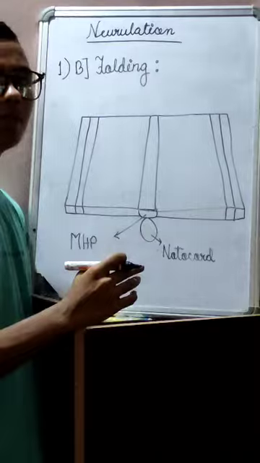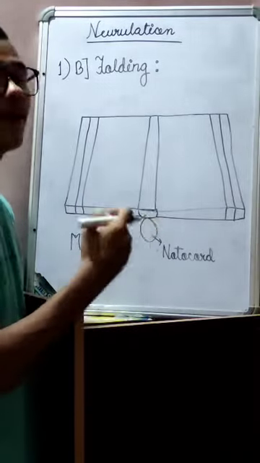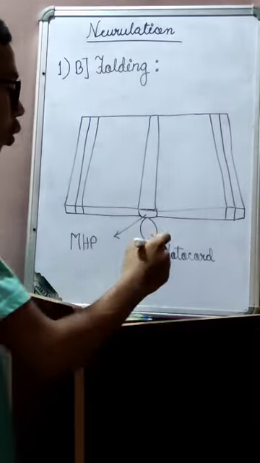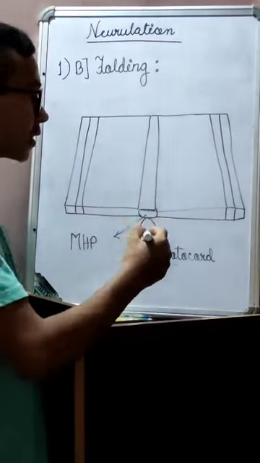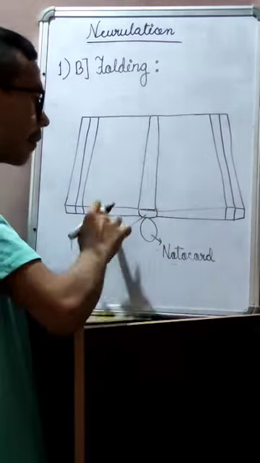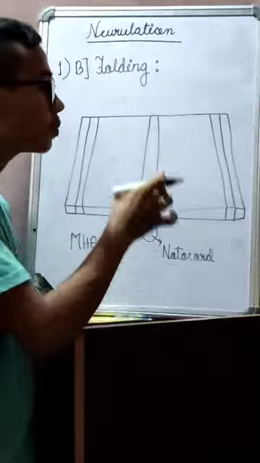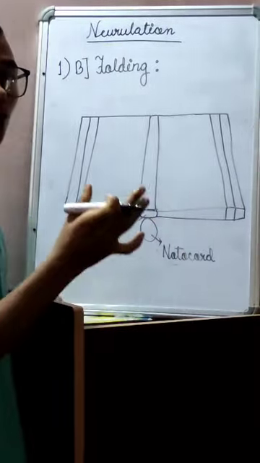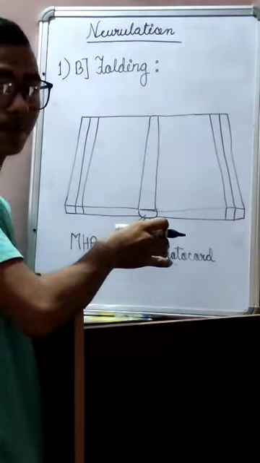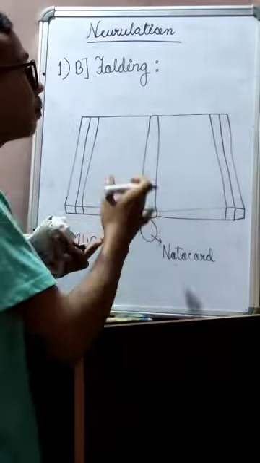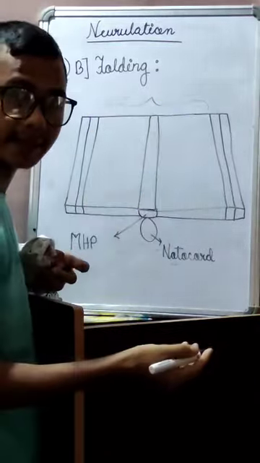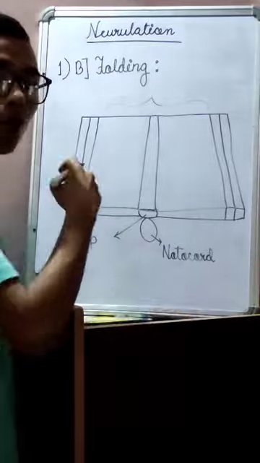In the dorsal mesoderm, right below the neural ectoderm, we see the notochord, and this notochord stimulates the MHP, the median hinge point of the neural plate, to decrease its height. This leads to the formation of a groove in the neural plate, and this is known as folding.